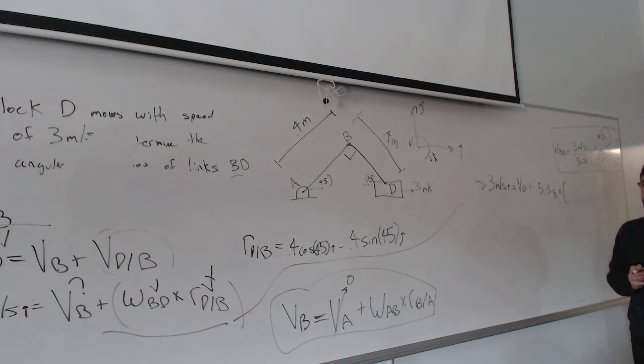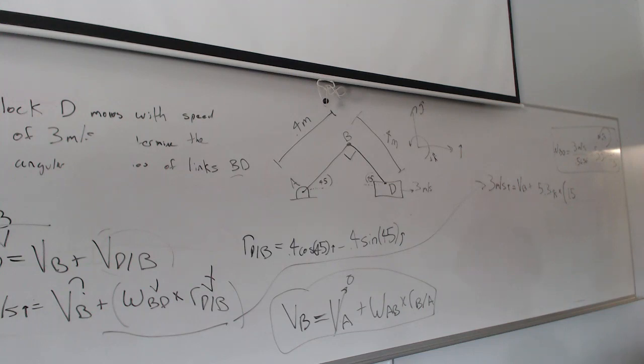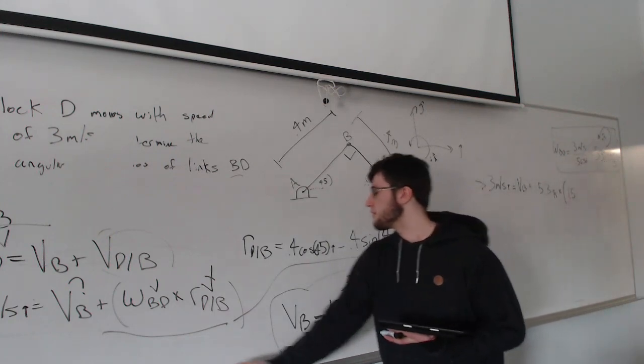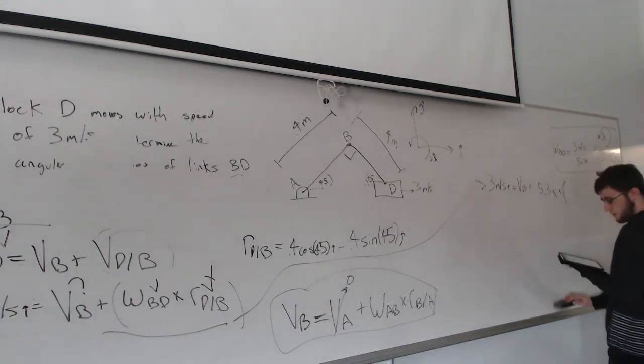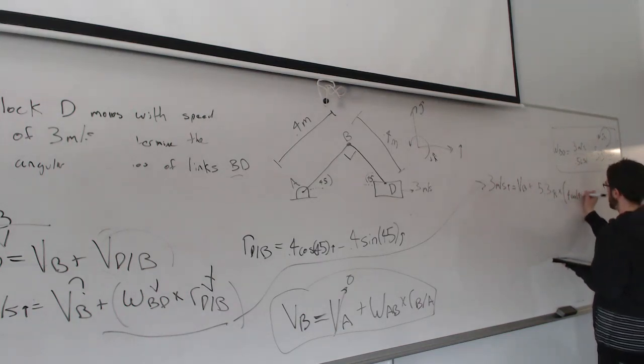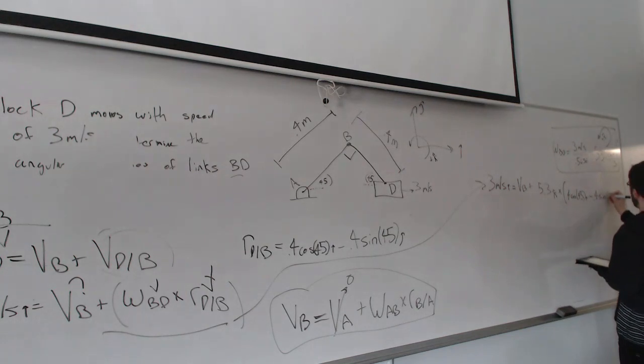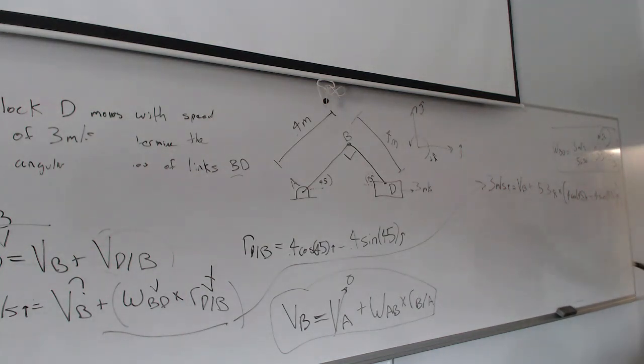0.4 times cosine of 45 and 0.4 times sine of 45 are both about 1.5. Okay. So at this point, it's just cross product and then solve, but I will do it now.